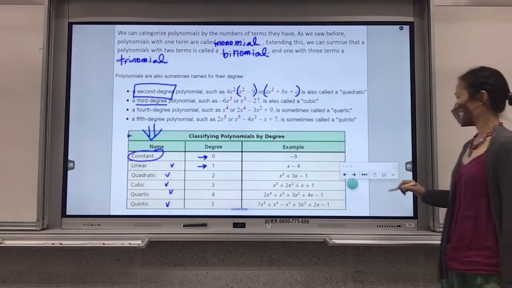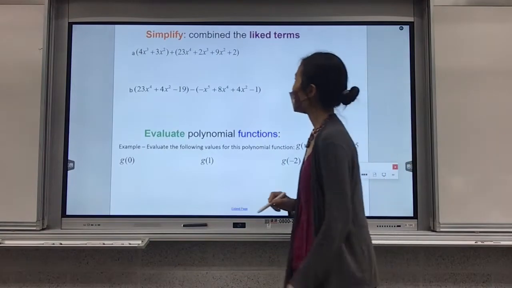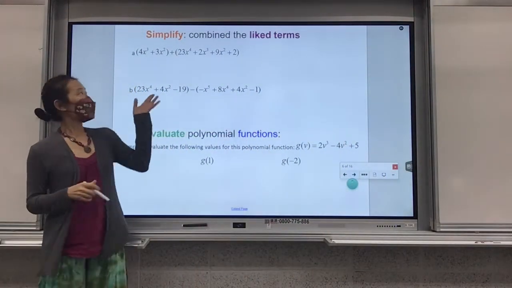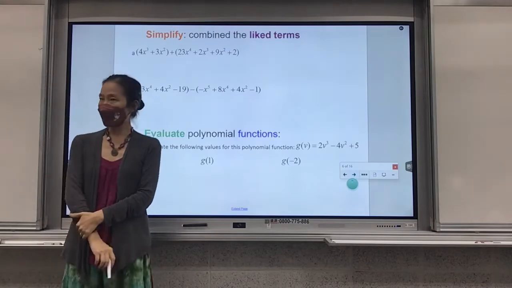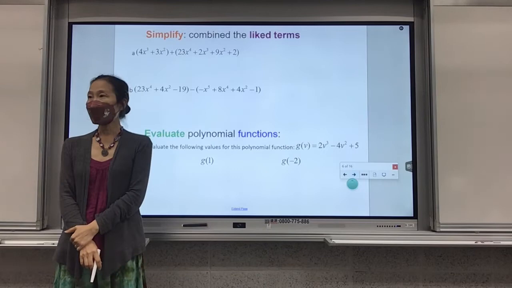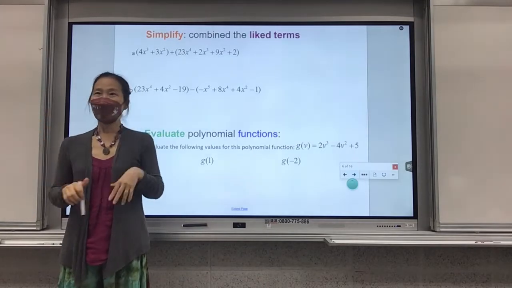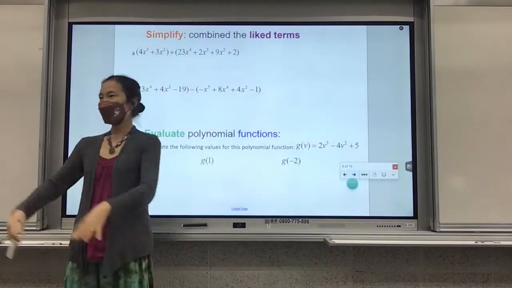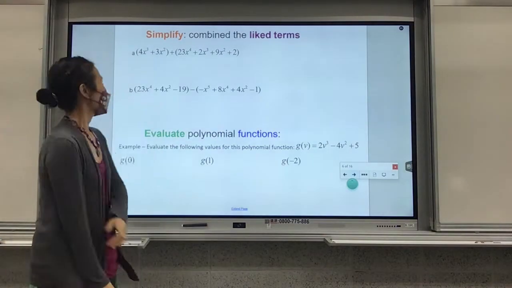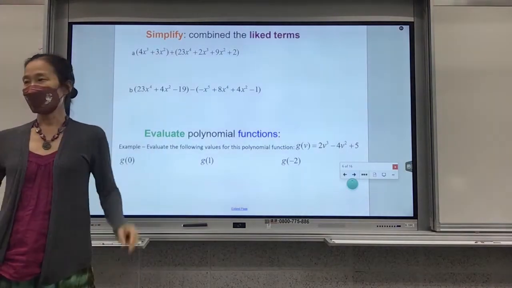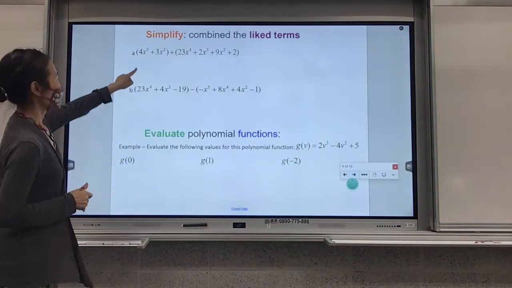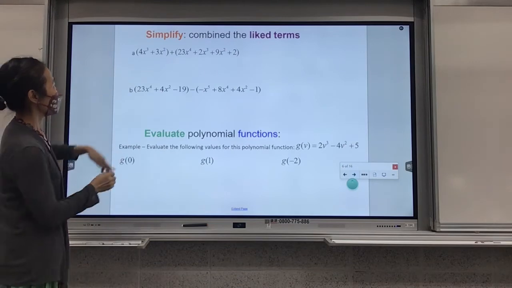All right, next. When you have many, many terms grouped together, we always want to simplify by combining like terms. Bananas with bananas, oranges with oranges, apples with apples. Like terms are terms with the same degree. So can I combine anything?